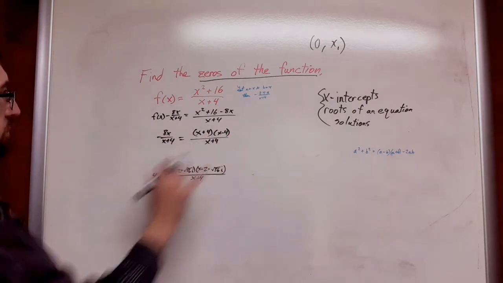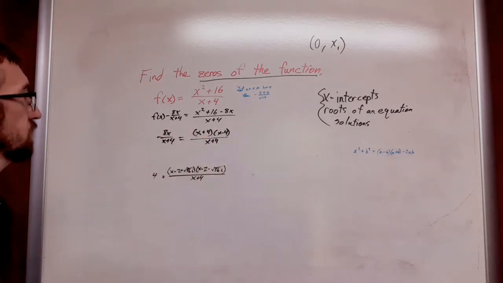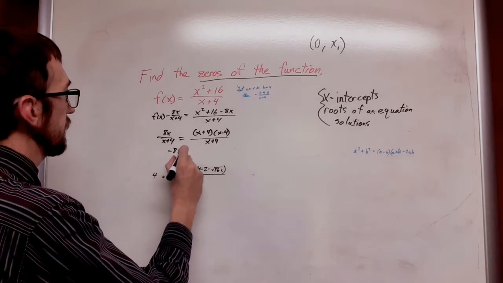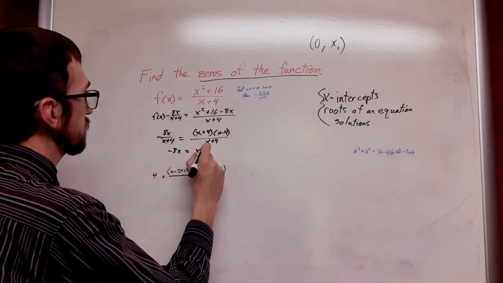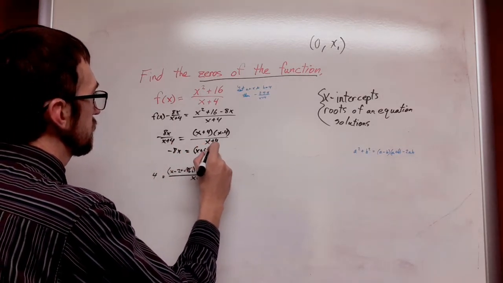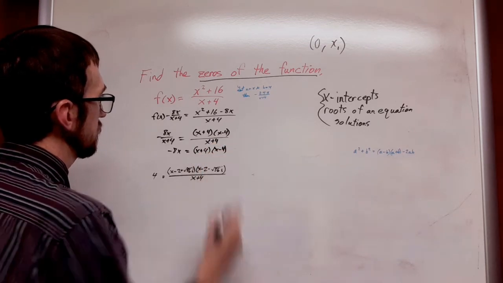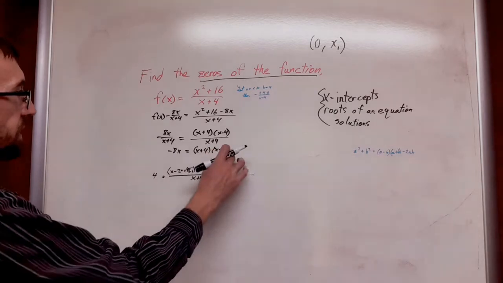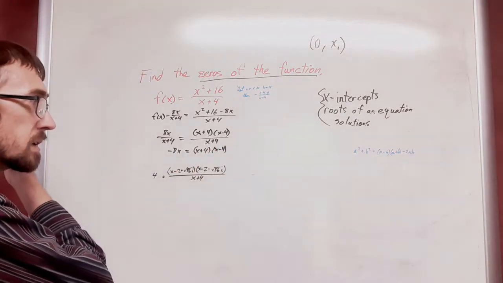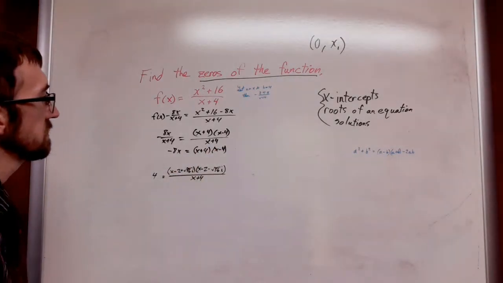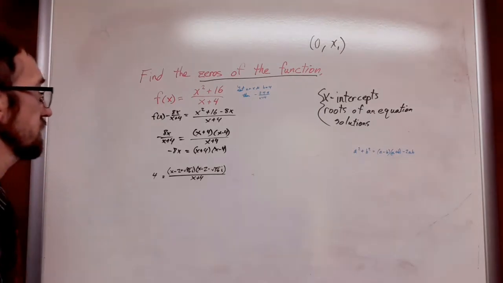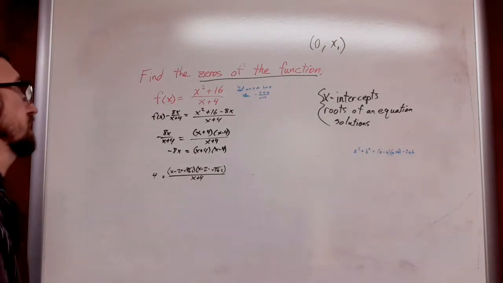We can multiply through by x plus 4 and end up with negative 8x equals x plus 4 times x minus 4. If I divide by x on both sides, I have all my x's over there. It looks a little cleaner than what I got down here.